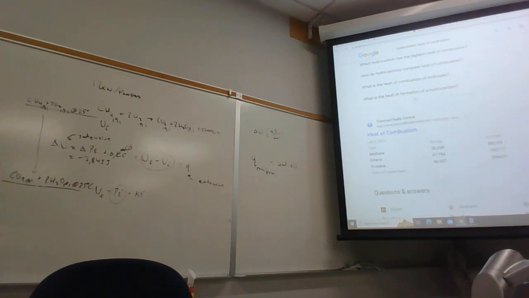So if the system is endo, then that means everything else must be exo. And so we just change the sign. And everything else is just called the surroundings. If the system, whatever we're interested in, either object or reaction or process, is exothermic, then the rest of this has got to be opposite in sign.